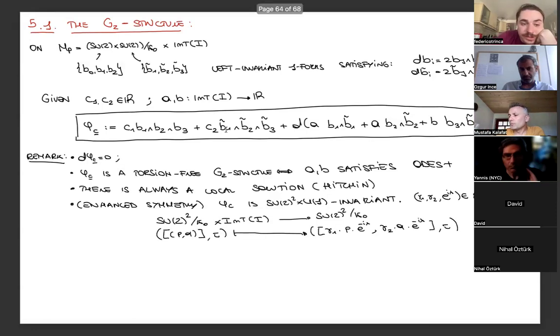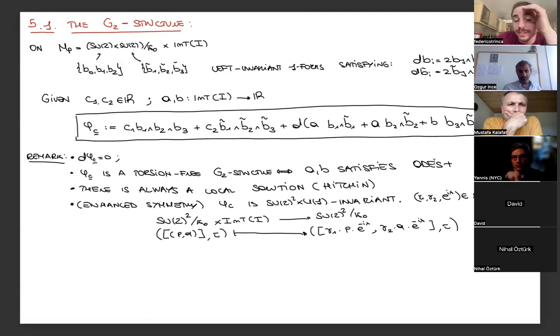And it turns out that this is obviously closed, and it is torsion-free if and only if A and B are two functions satisfying some ODEs. It turns out also that there is always a local solution, and phi is invariant under the action of SU2 squared times U1 that acts on the space M° like here.